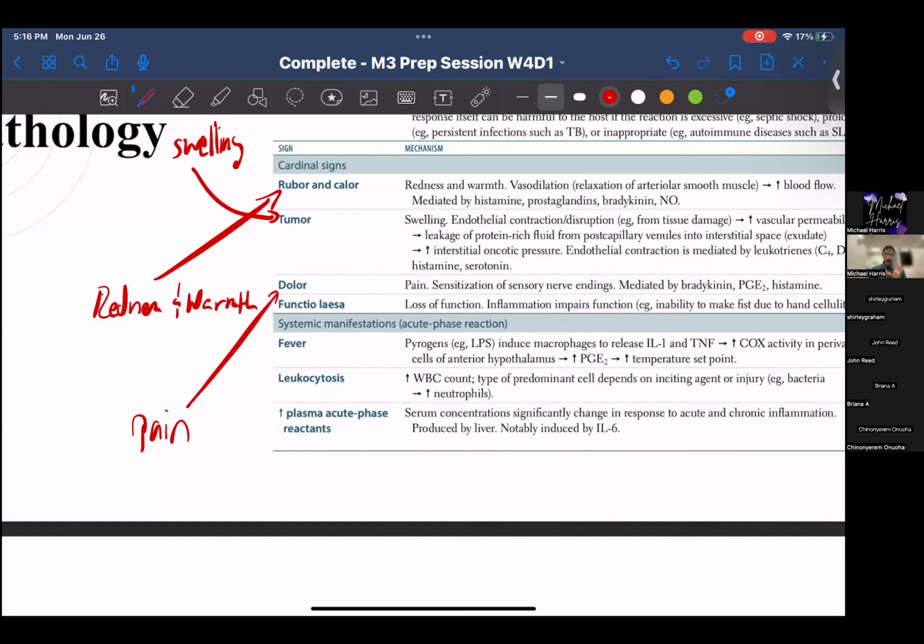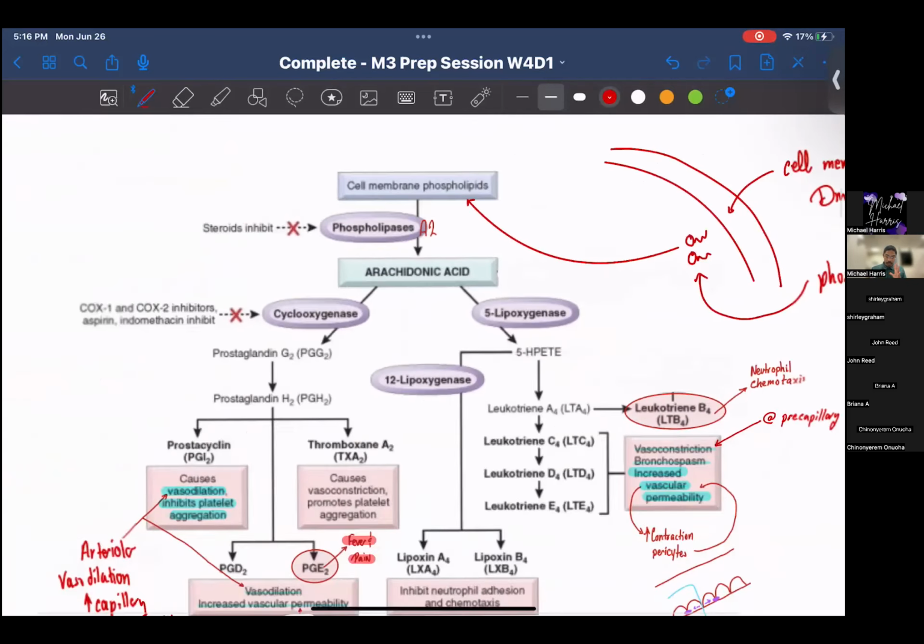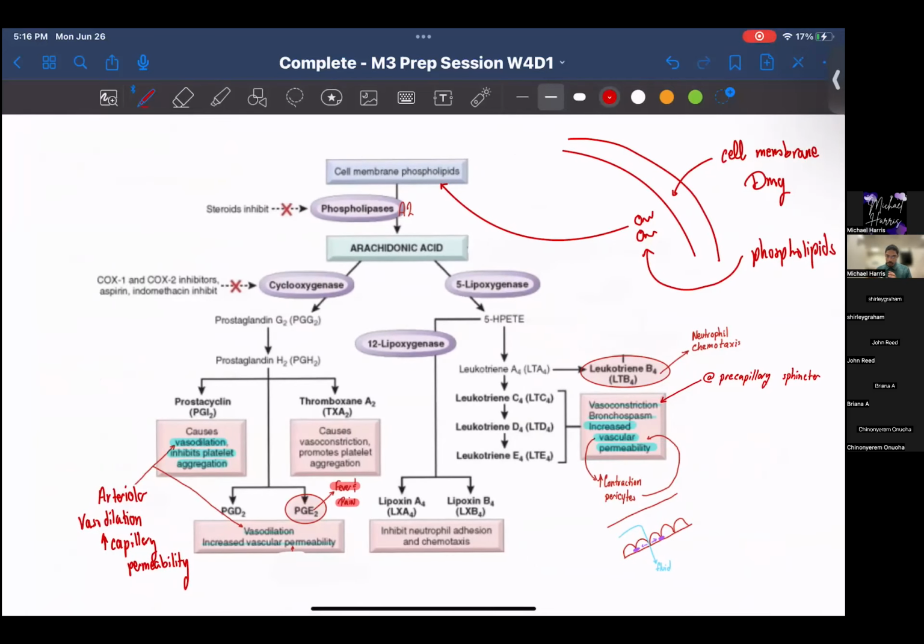Okay. Now, each one of these has different factors that play a part in it. Where did these factors come from? This lovely diagram. We're going to go more in depth on this when we do pharm, because this is where pharm starts to tie in to the pathology and to treating patients.